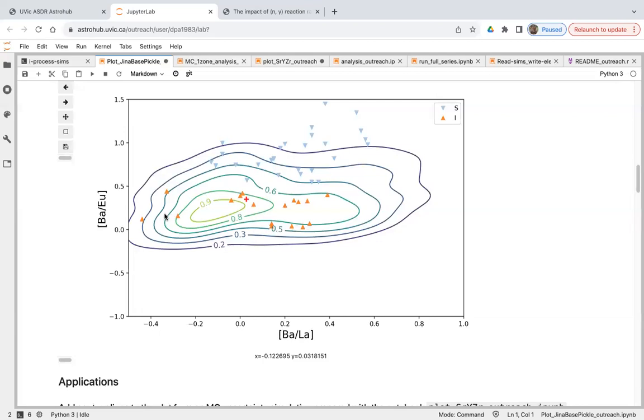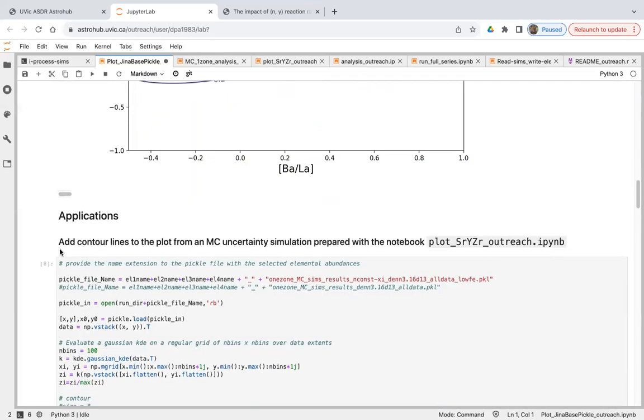We see that CEMP-r/s stars, the orange triangles, are well inside these contour lines, but there are also some CEMP-s stars here. In principle, as I will show you later, we can explain some of the CEMP-s stars as also CEMP-r/s stars moving towards this region.